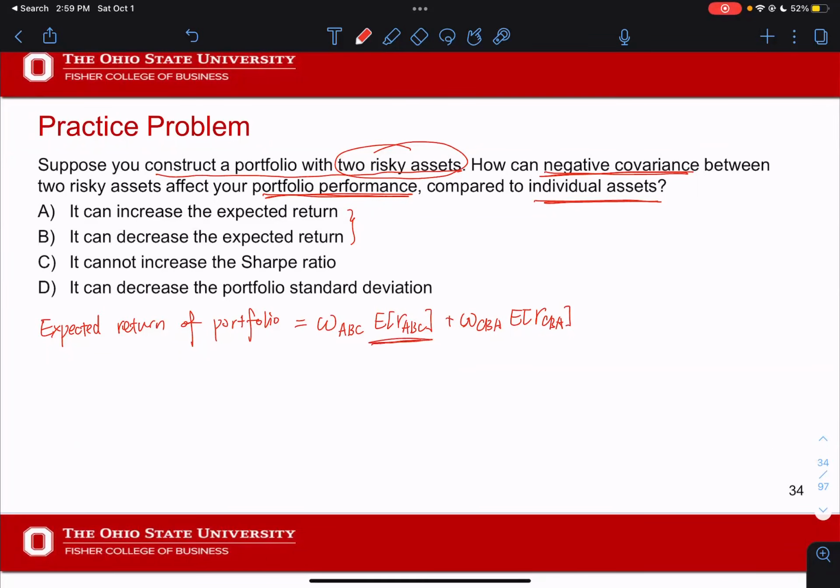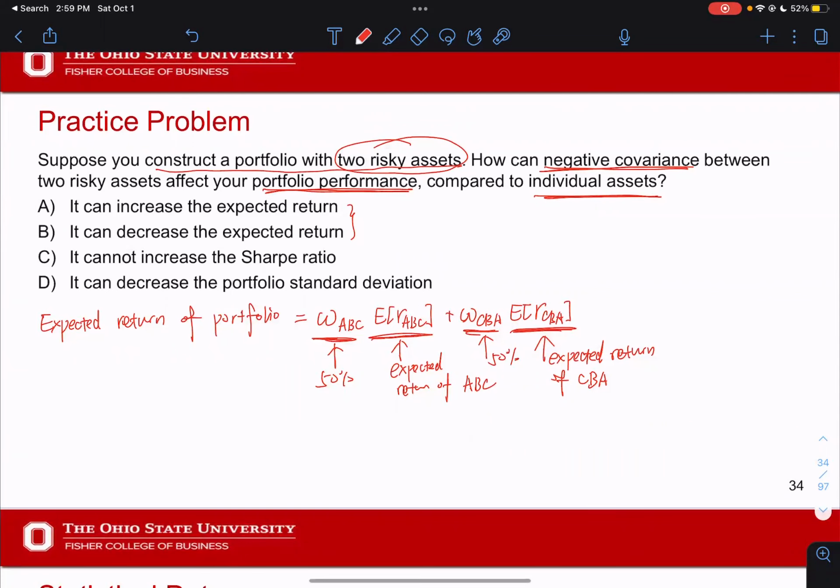This one is the expected return of ABC. This one is the expected return of CBA. And this is the weight. For example, here is 50%. And this is the weight on CBA, which is also 50% in our example.